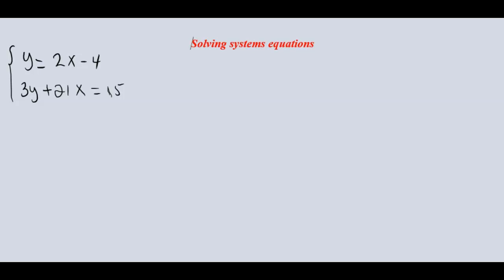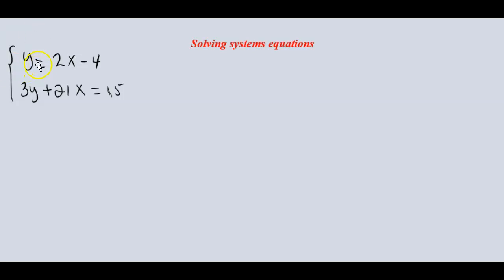We have the following system of equations. So notice that in this system we already have y isolated by itself on the left of the equation. So there is no need to solve for anything. We can just go ahead and start by substituting the value of y in the second equation.